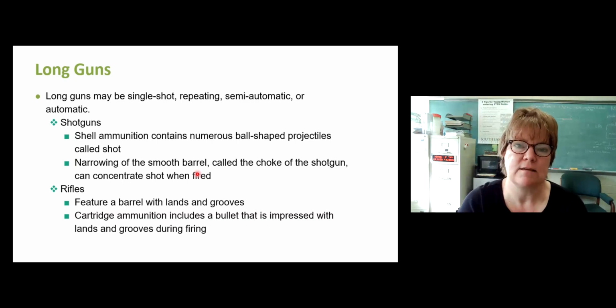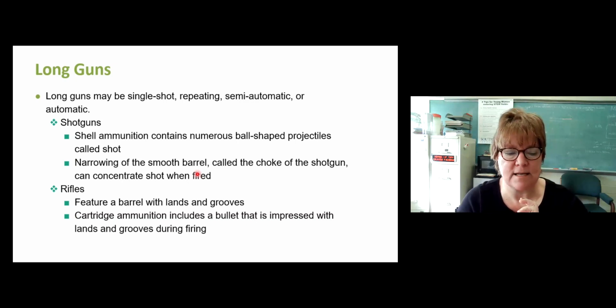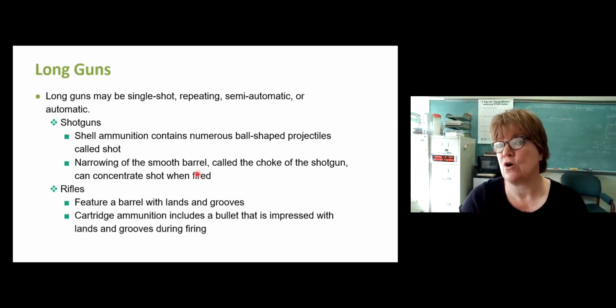The barrel is smooth, and it narrows down toward the end, which is called the choke, and can concentrate the shot when fired, but it won't have the rifling characteristics we're going to talk about. Rifles, whereas, still have a barrel that has what we call lands and grooves on it, and that rifling helps to shape the trajectory of the bullet, and it leaves impressions on it. That's why we care about it. So it's got cartridge ammunition with a bullet.